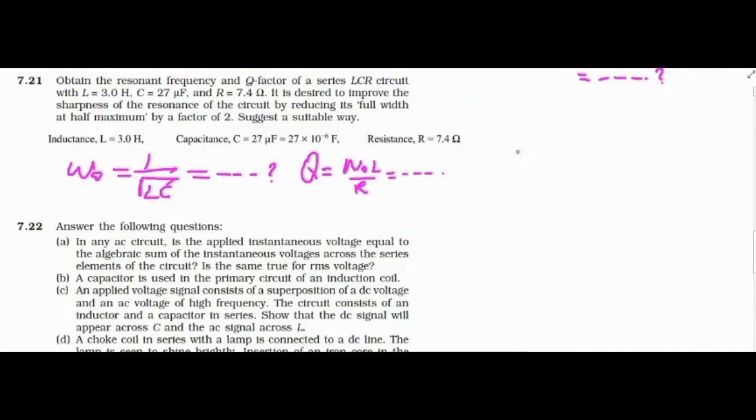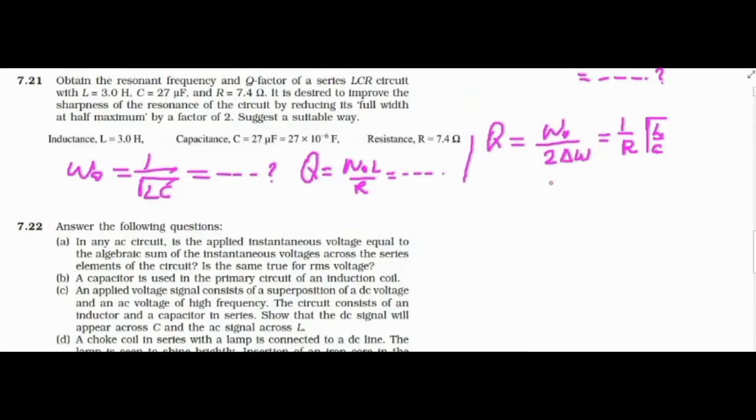Here again we take the formula Q is equal to omega naught divided by 2 delta omega. Any one formula we can take for quality factor. Now we will take this formula, 1 by R into under root L by C.